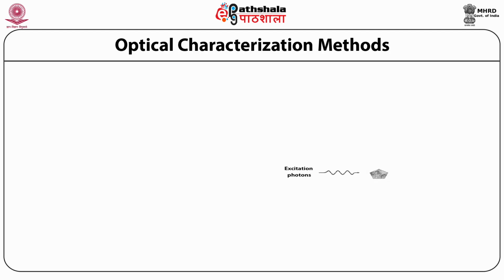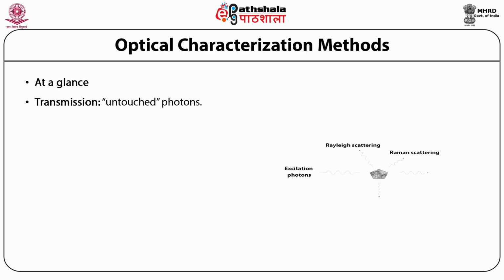First, it can get Rayleigh scattering, Raman scattering, it can undergo transmission, and lastly, we can have photoluminescence. So let us have a brief glance at all these phenomena. First is transmission, that is untouched photons.